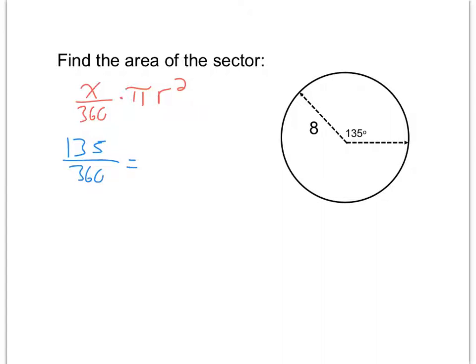That reduces, I can factor out a 45 from both top and bottom, so that becomes 3/8 times pi times my radius, which in this case is 8. 8 squared is 64. I can cancel the 8 with the 64 and get 8, and I'm left with 24 pi. And there's my final answer.